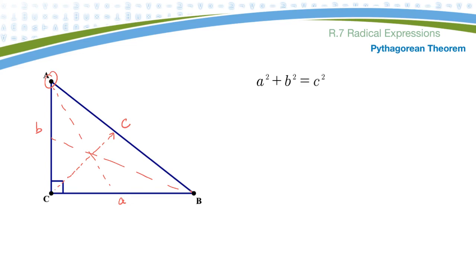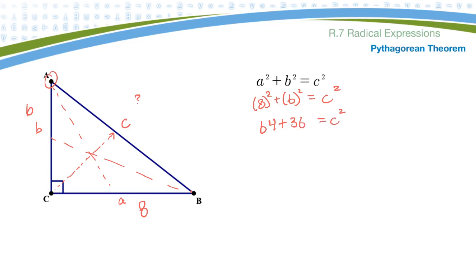Okay, so if I have a question, say I've got, I'll do a nice easy one. Say B is 6 and A is 8, and I want to know what side C is. So I can just plug them into my formula. A is 8, so 8 squared plus B is 6, 6 squared equals C squared. 8 squared is 64, 6 squared is 36.